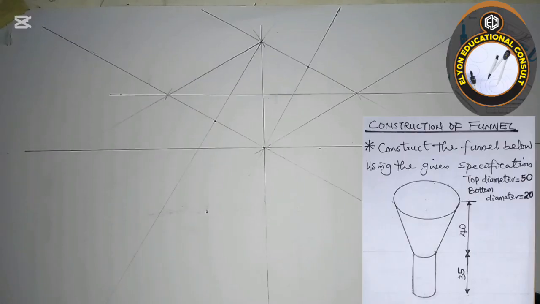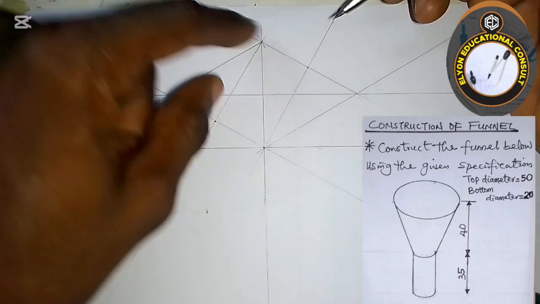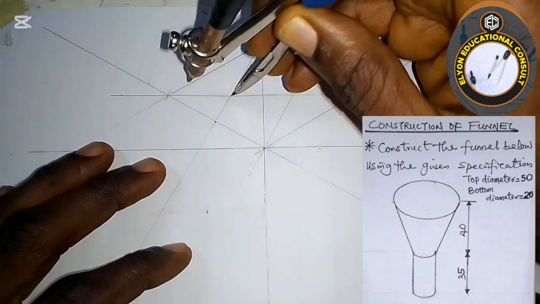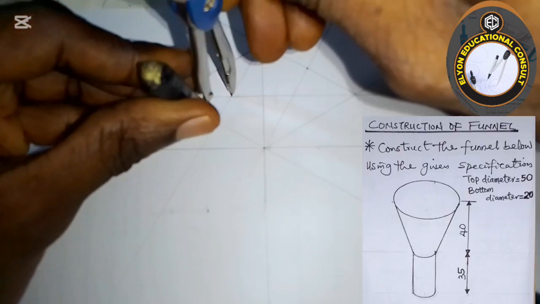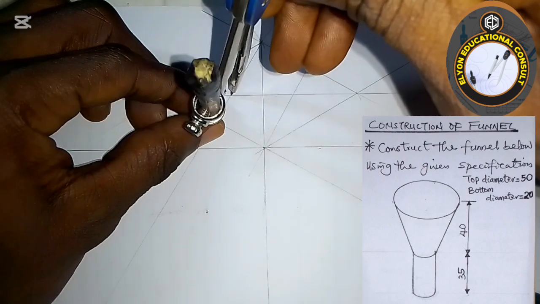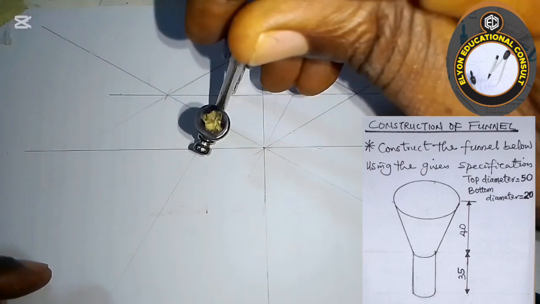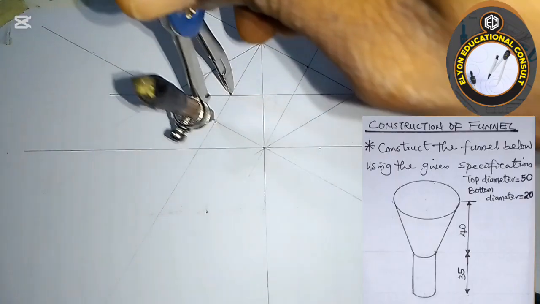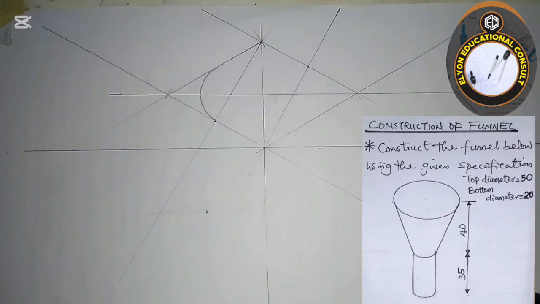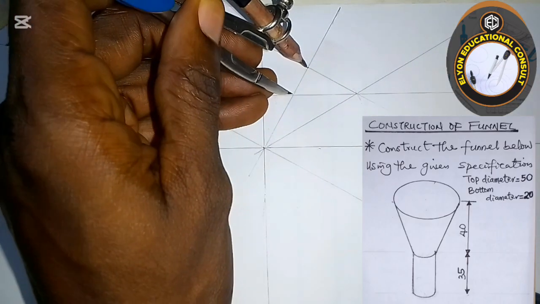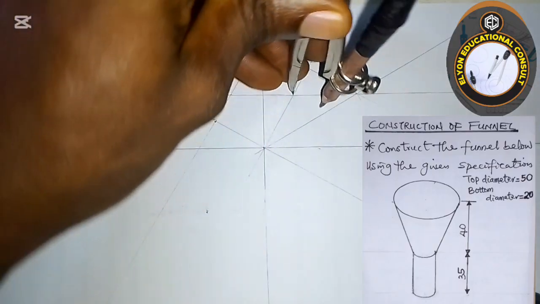The next thing I'm going to do now to complete our isometric circle, from this point, you can see where the longest diagonal intersects with this line. Then I will place the compass needle on that point, stretch to this point. Then I will draw until it touches the side of this. You see that side. Then I will use the same compass radius this way.